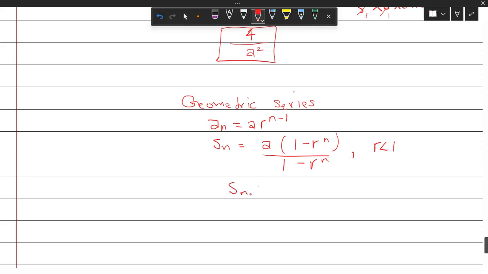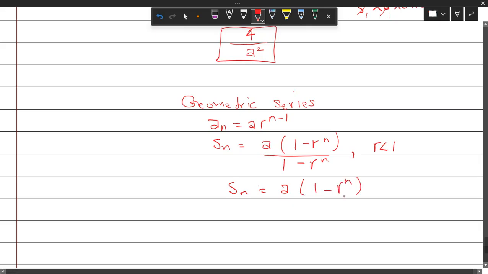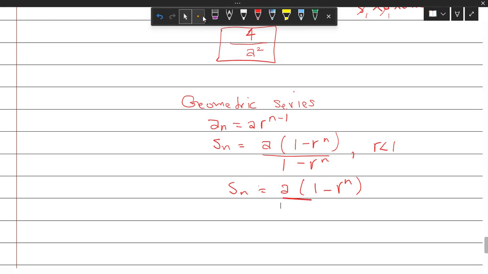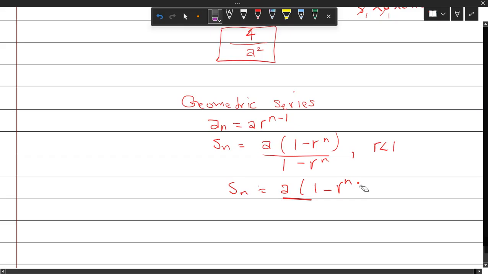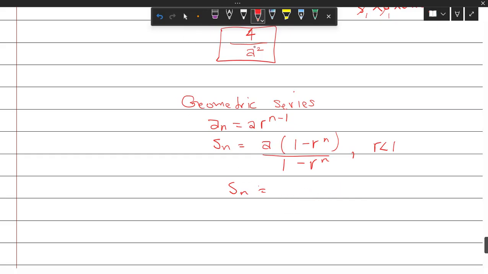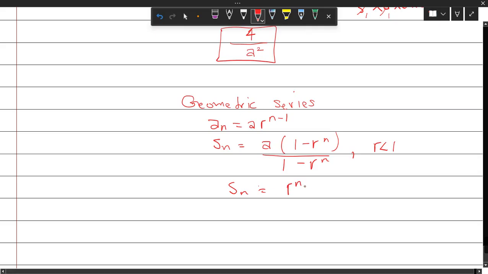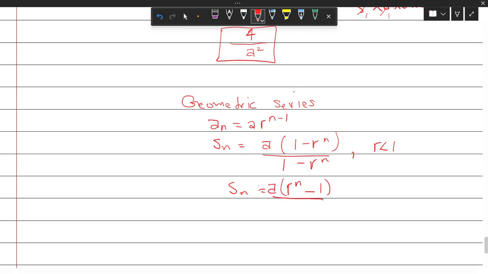Then you have a times 1 minus r to the n, over 1 minus r. Oops, I've written the same thing. Okay, sorry. So we have r, so we have a over.